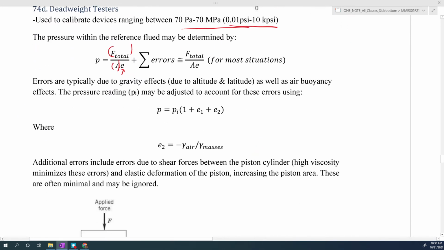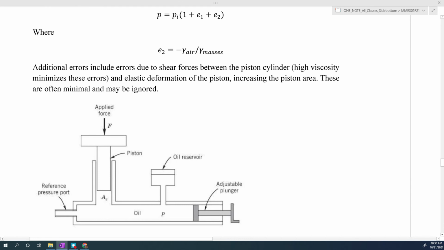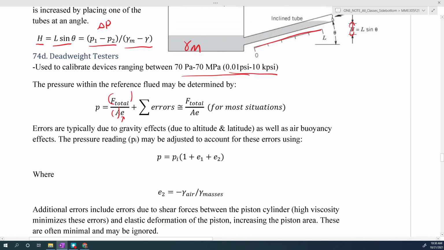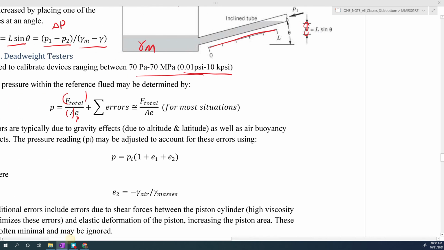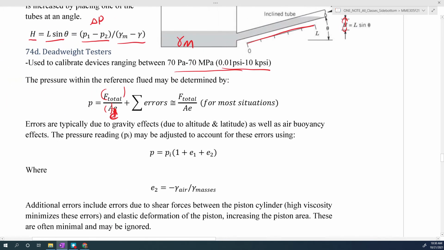Sorry, that should be a subscript, like E. So this is just A sub E. For most situations we can ignore the error terms, but we can account for errors due to gravity effects due to altitude and latitude, as well as buoyancy effects.